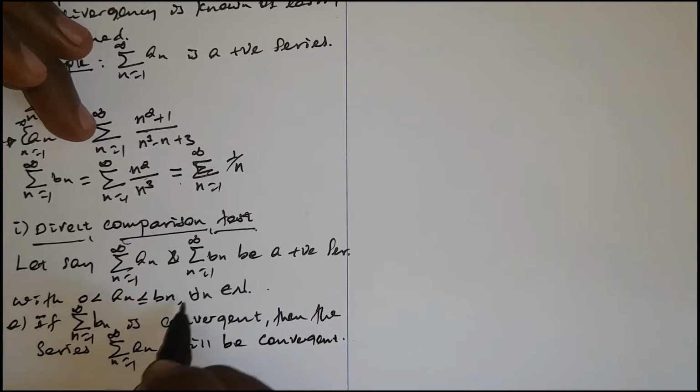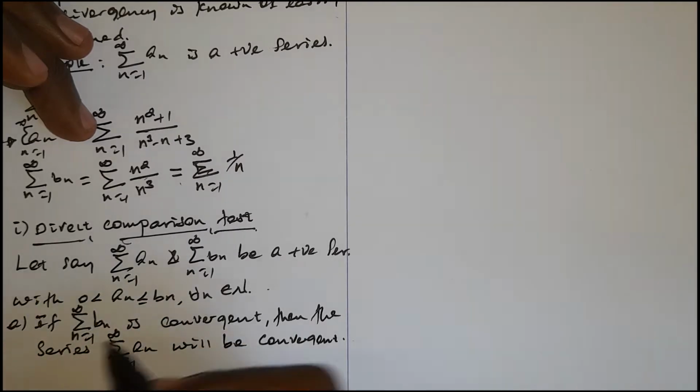If the larger series is convergent, the smaller series will also be convergent.